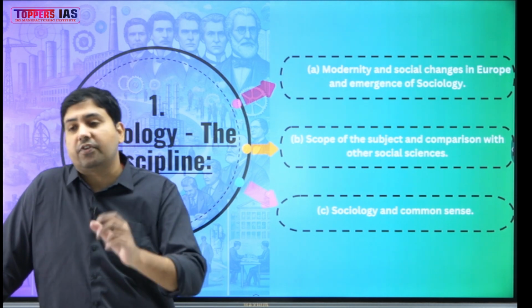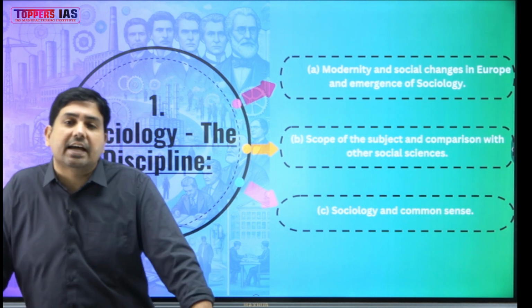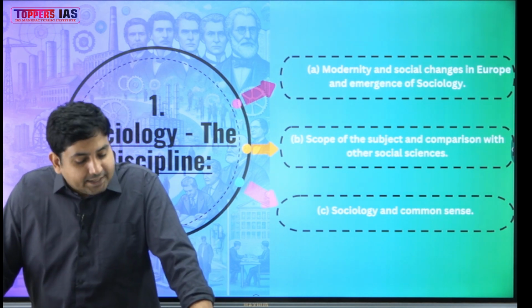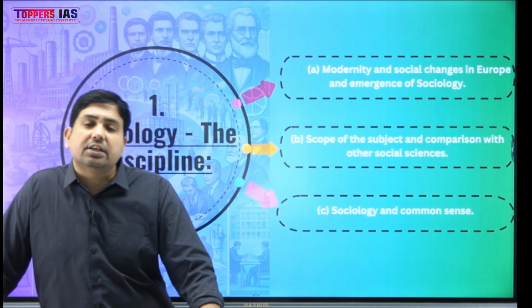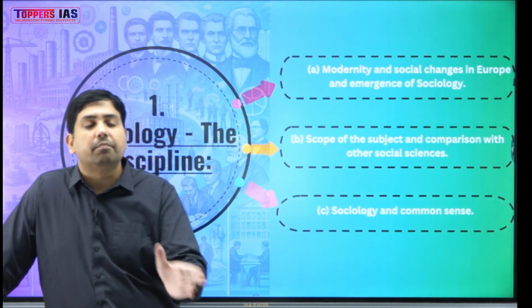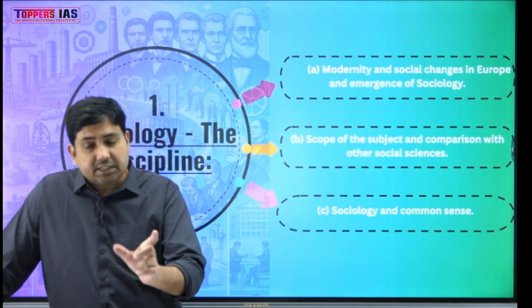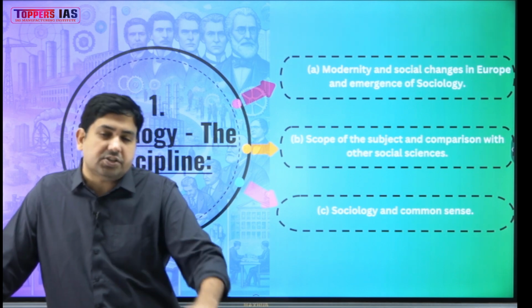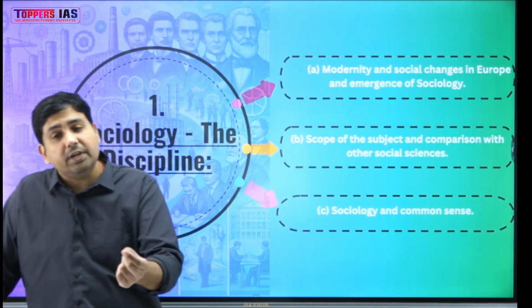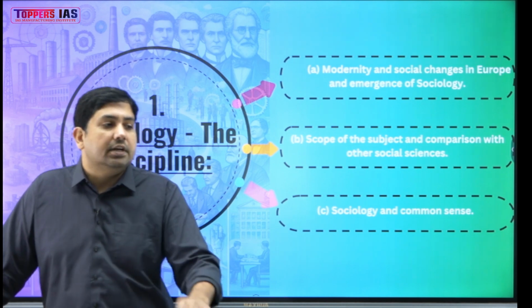For example, say history, economics, philosophy, political science, psychology, anthropology. So these 6 other disciplines, we try to compare with sociology. In that we actually see how sociology influences other disciplines, and how it also gets influenced by those disciplines.